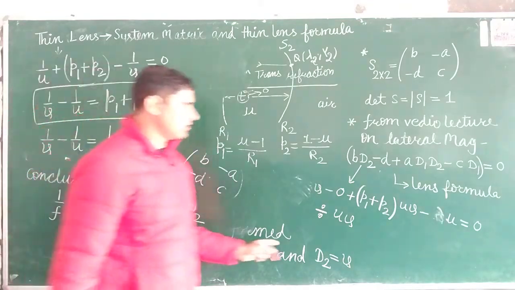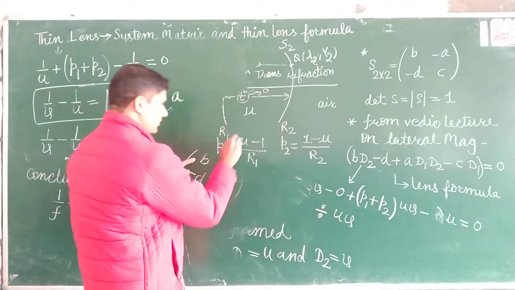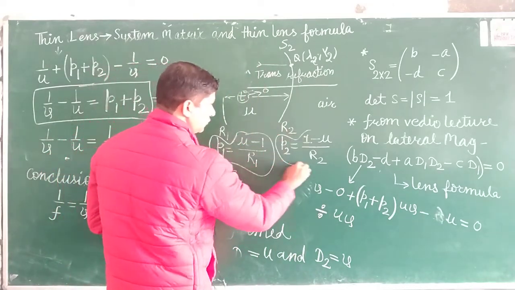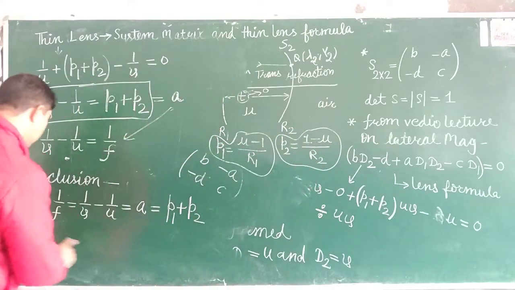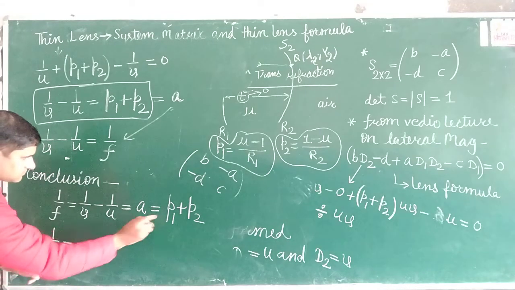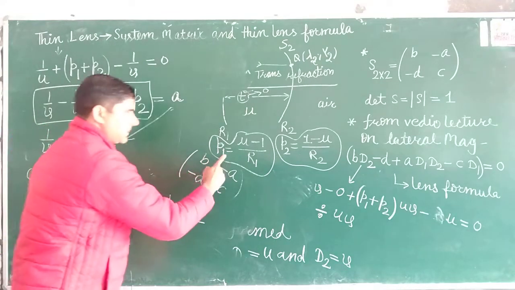And if you put the value of P1 and P2, you can see the value of P1, and this is the value of P2 here, then you will get the relation which is 1 by f. This is equal to, put the value of P1 and P2.